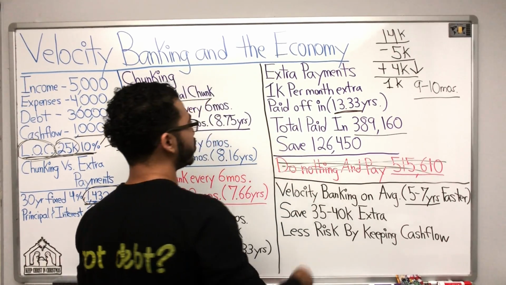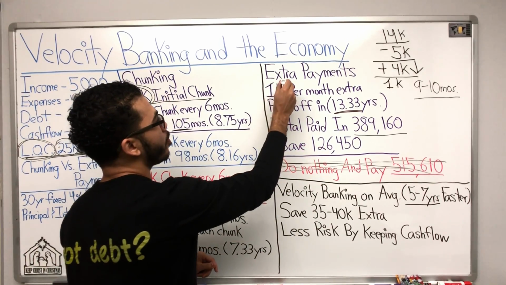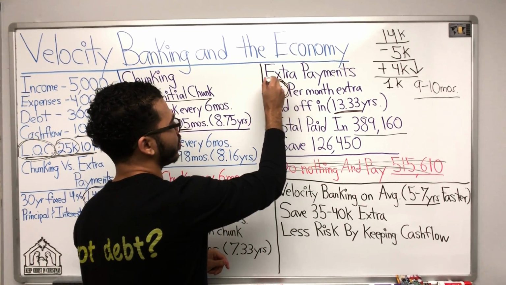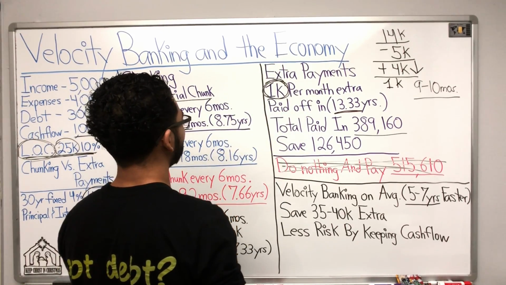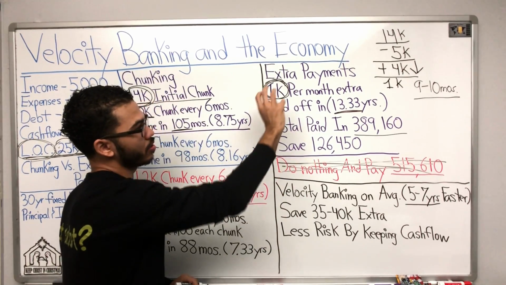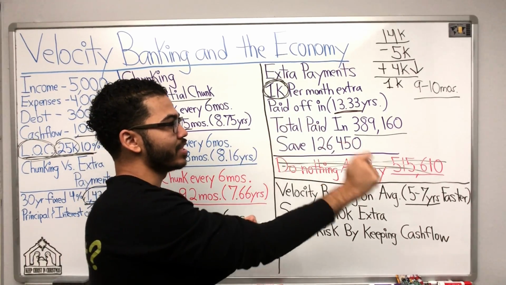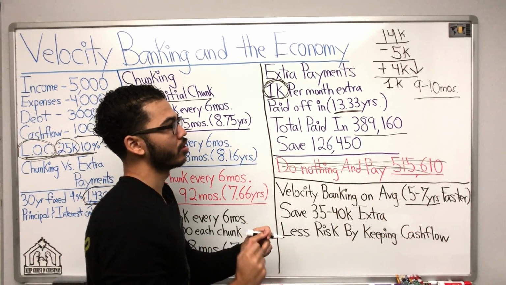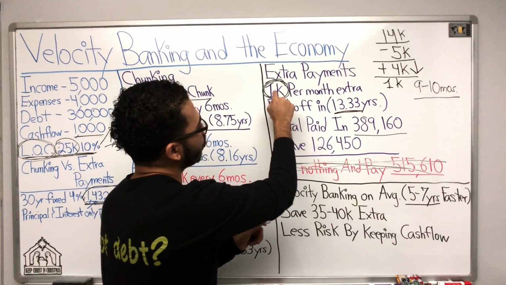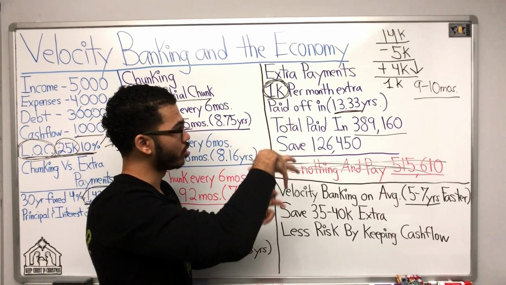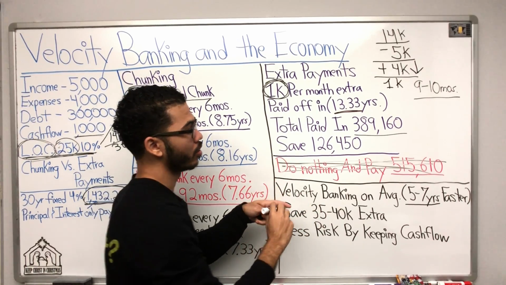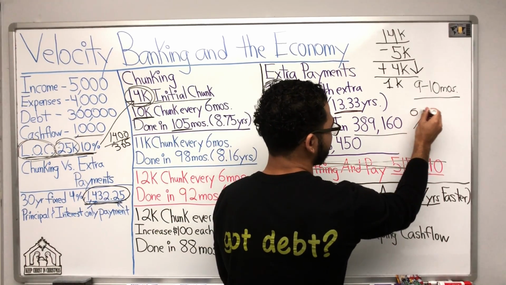The difference is the amount of money that I'm paying extra on the mortgage. See, this person is just doing a measly thousand. What they don't realize is that extra cash flow dies in the form of interest.